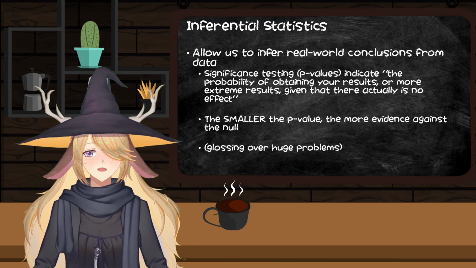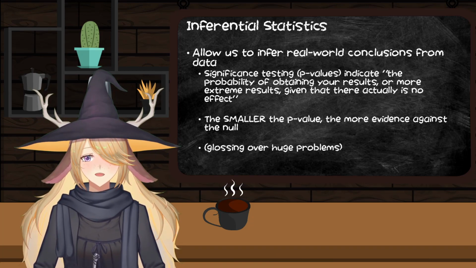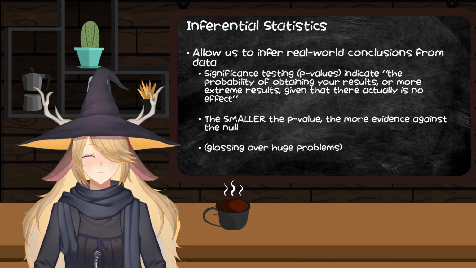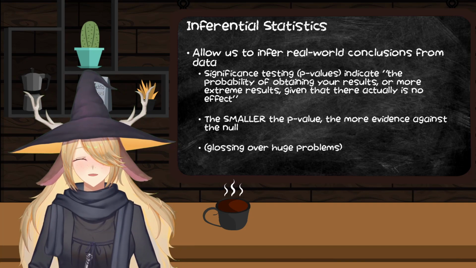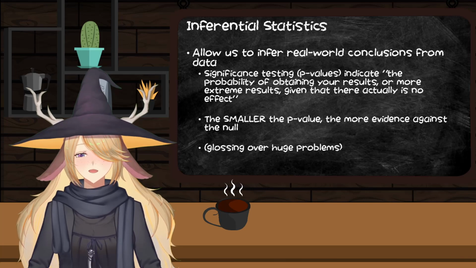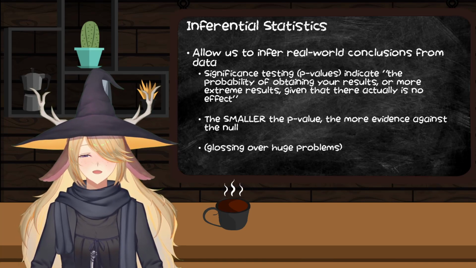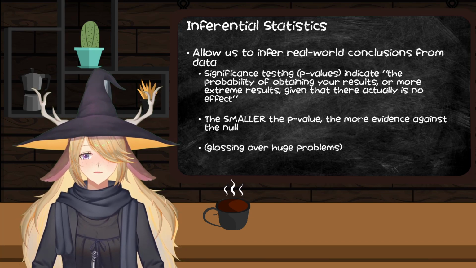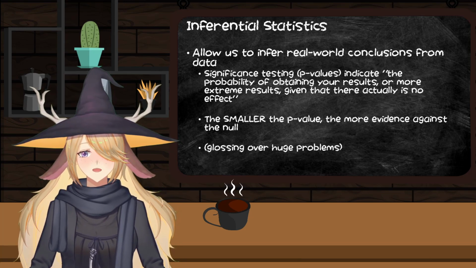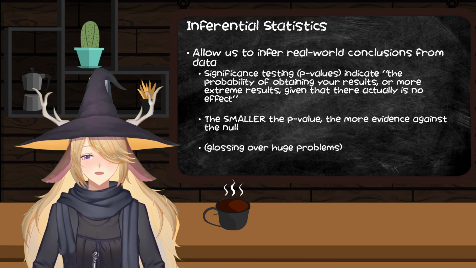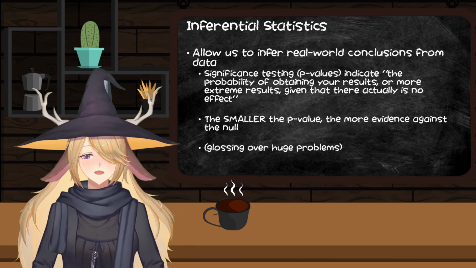When a p-value is less than 0.05, that is taken by some researchers as the mark for significance. If the relationship has a p-value of less than 0.05, then we say that it is significant, and there is more evidence against the null to say that there is a relationship between these two variables and it's not just noise.